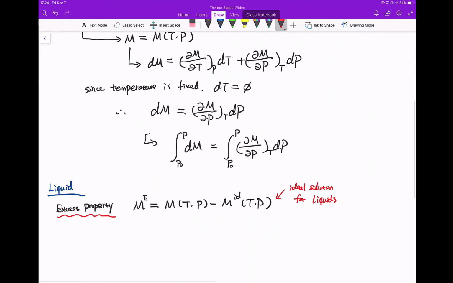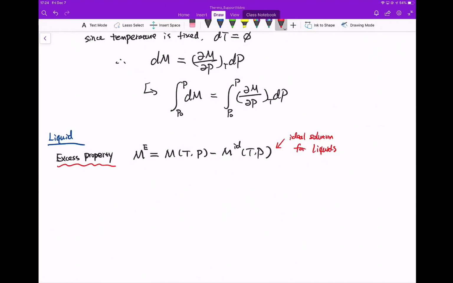Then the trouble is that we don't have a quite nice equation of state to estimate the property for this ideal solution condition. However, we do have other ways to understand the general model.